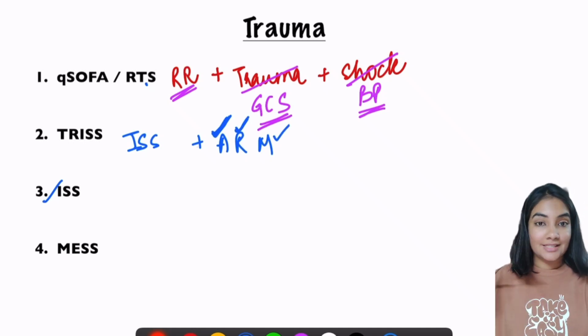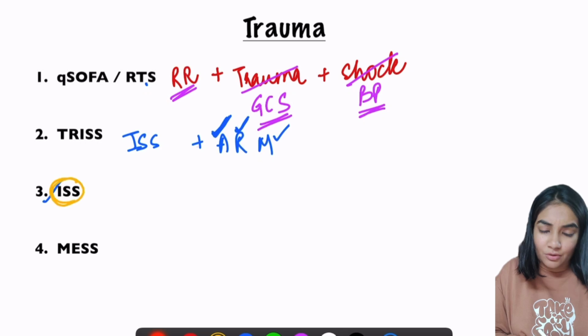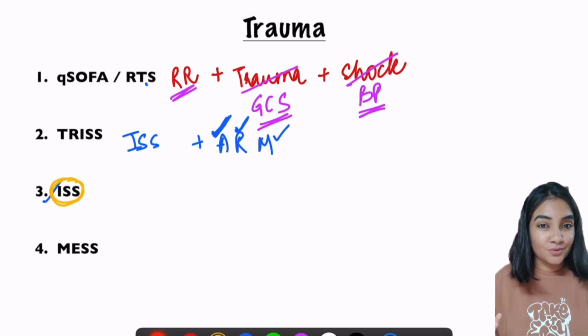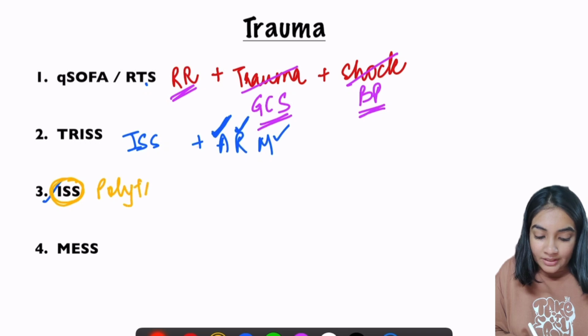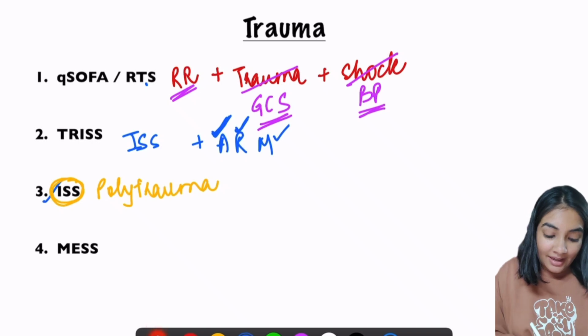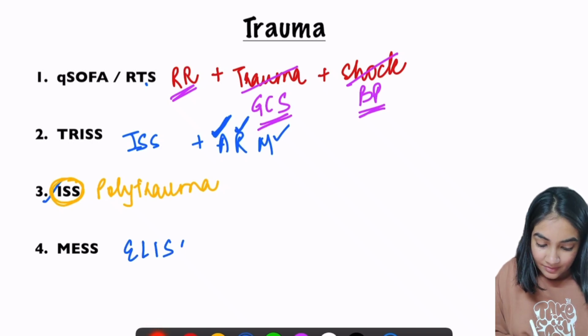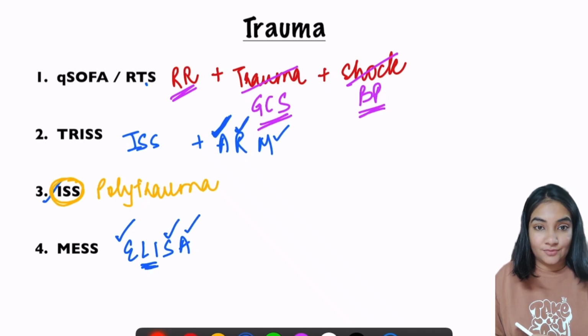Okay, ISS now, here we don't even need to learn the components, we just need to know what it is used for. It is used in cases of polytrauma and MES. The components here are ELISA, that is energy, limb ischemia, shock and H.